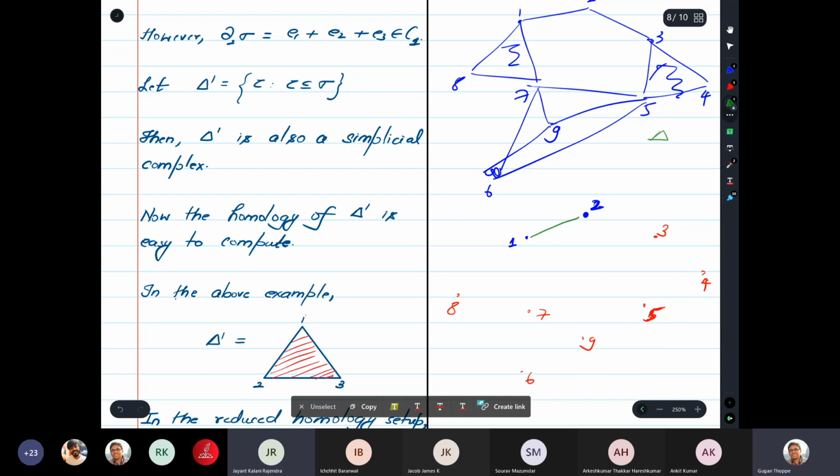Let's say you add this edge, and now you can ask what's the homology space of this simplicial complex, right? And then you can add, let's say, this 2, 3 edge, and 3, 4, maybe 4, 5, and so on and so forth, right? So you can sequentially build your simplicial complex, and in parallel you can update your homology space description, okay, using this Mayer-Vietoris theorem.